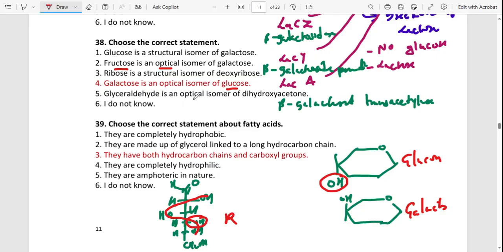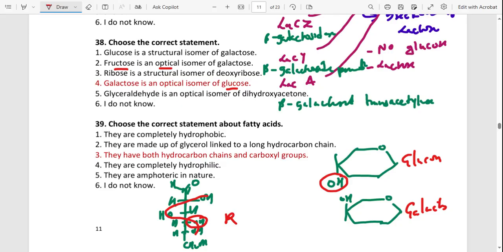Now these two have the same molecular formula, but they have a difference in the way the atoms are arranged. So these are structural isomers, glyceraldehyde and dihydroxyacetone.